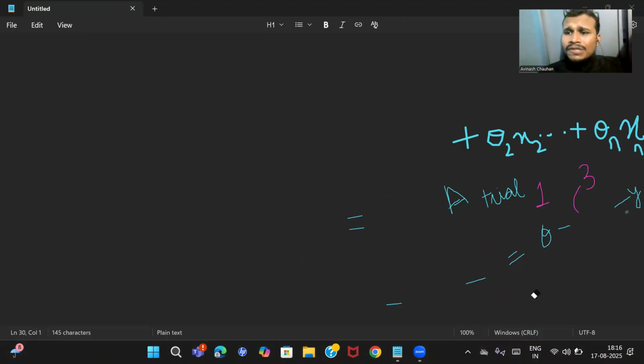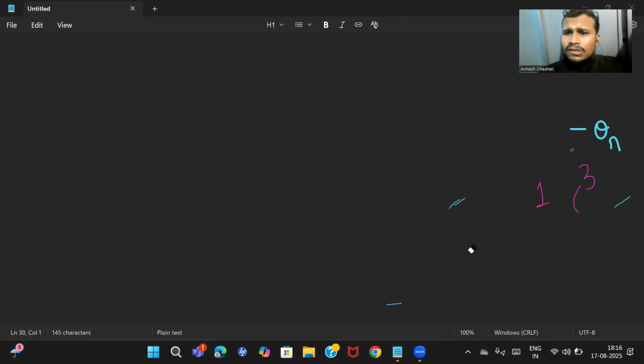And how is that best fit line denoted? Generally y hat is equal to mx plus c. Or in terms of hypothesis, h theta of x is equal to theta naught plus theta 1 x1, and generally for several points till theta n xn, right? We have discussed all these things, right?